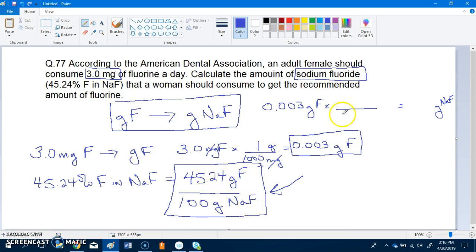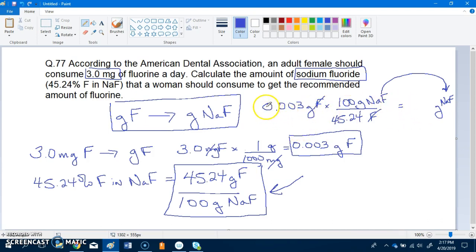We have to flip this over though, because we want to cancel out our fluorine. So we're going to put the 45.24 on the bottom in order to cancel out the fluorine, and we're going to leave the grams of sodium fluoride on top because we need to keep the unit of sodium fluoride in our answer.